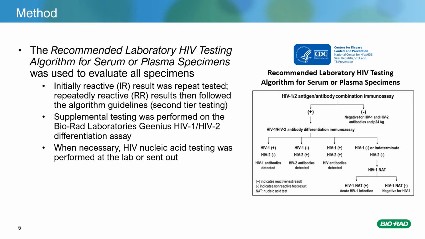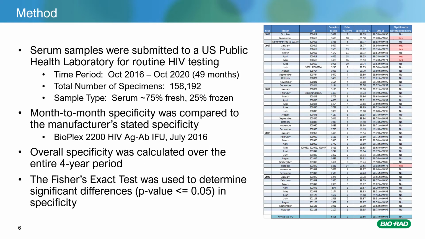Briefly, any initial reactive results are repeat tested, and those repeatedly reactive results are then followed up using the algorithm guidelines. Supplemental testing was performed on the Bio-Rad Geenius HIV-1/HIV-2 differentiation assay, and when necessary, HIV NAT testing was performed at the lab or it was sent out.